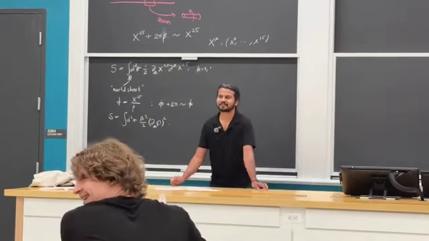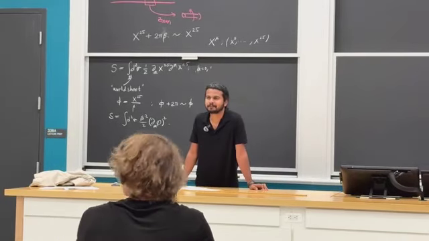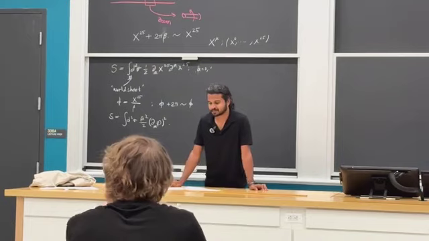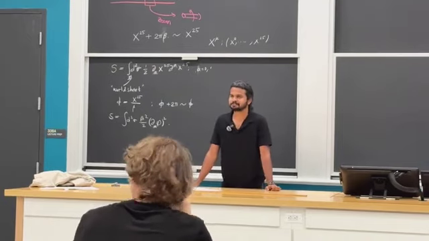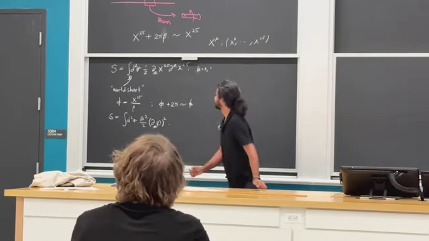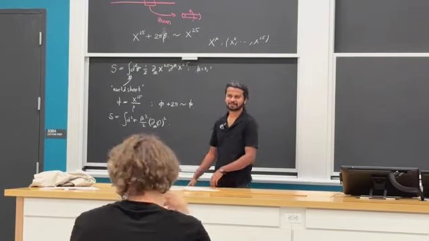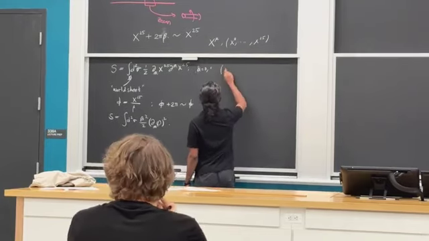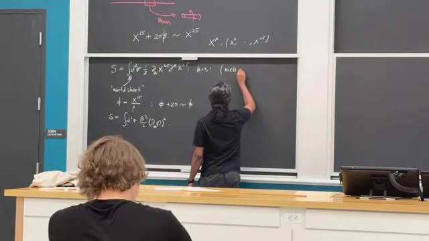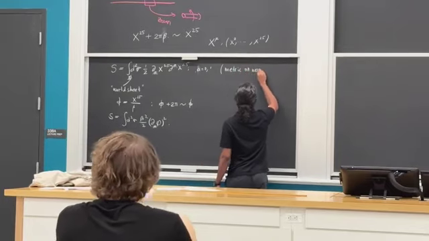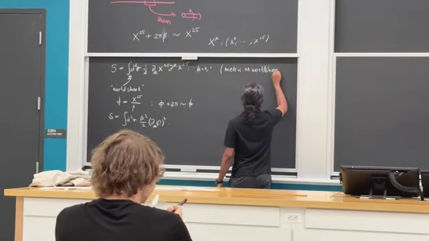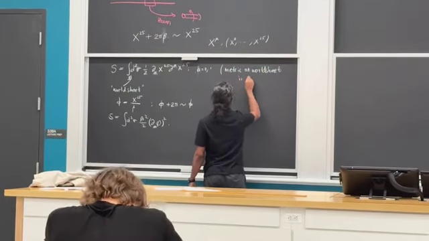Is there some kind of metric on the world sheet or something? Yes, that's also gauge fixed to flat. It's gauge fixed to flat. Okay. That's a detail that I'm not going to care about. The metric on the world sheet is flat.